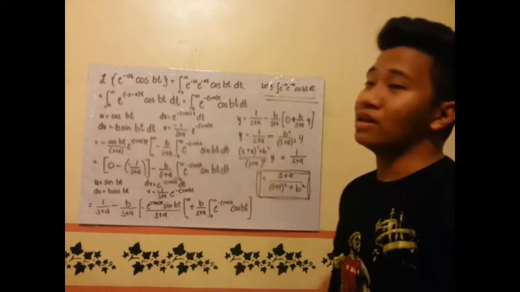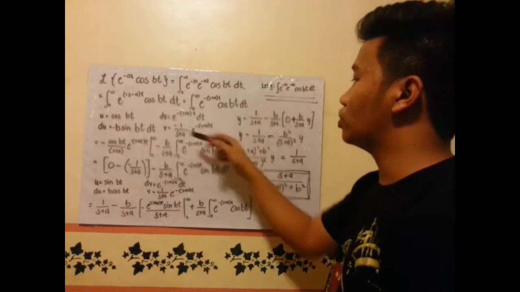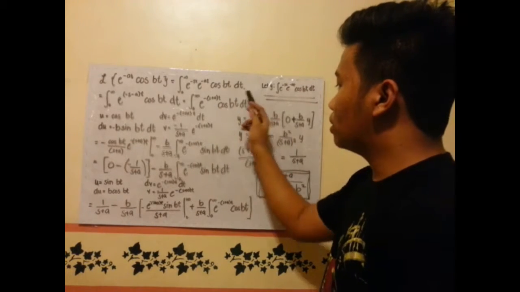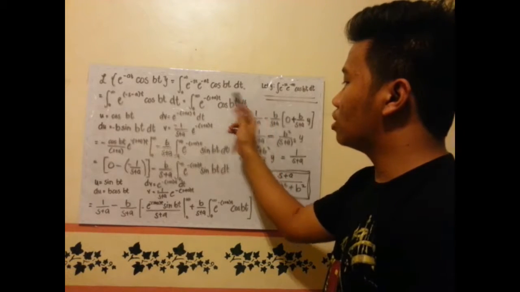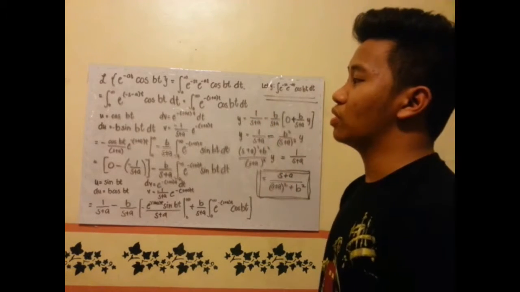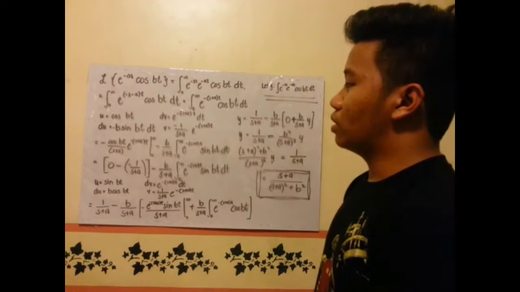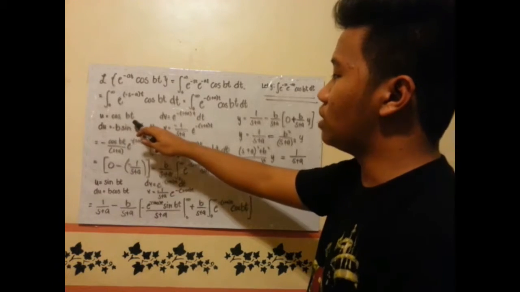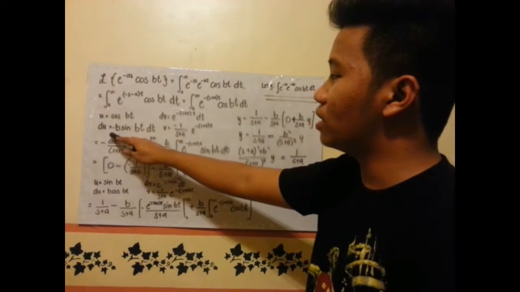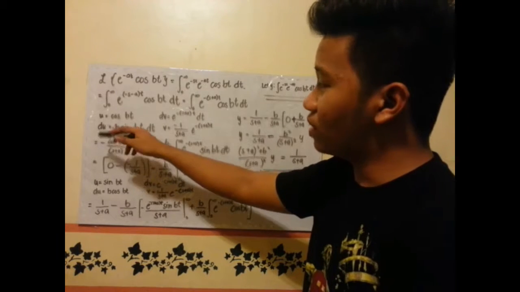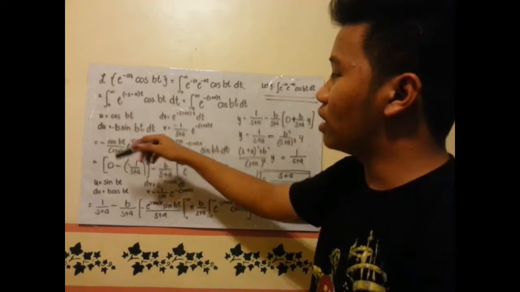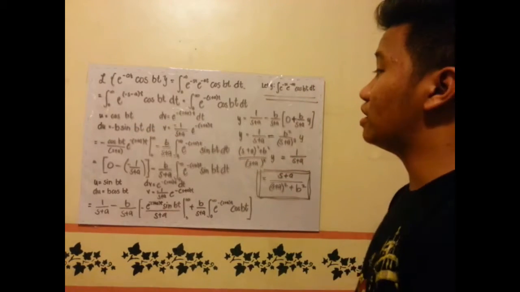As you can see in this expression, we could solve it using integration by parts. So let u be cosine bt, du is the derivative of cosine bt, which is negative b sine bt dt.